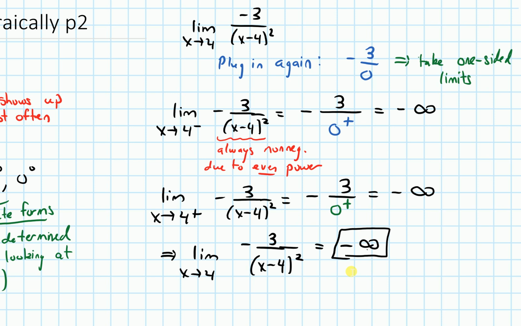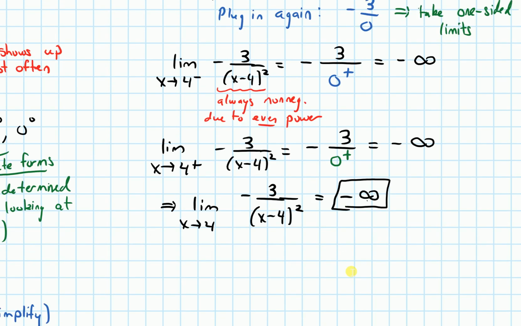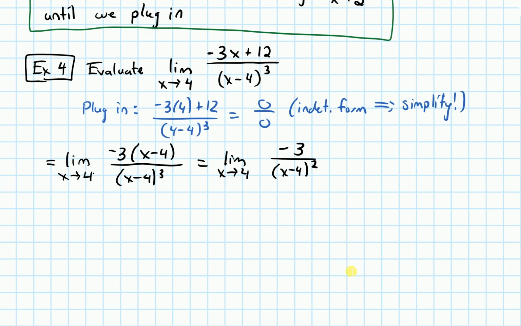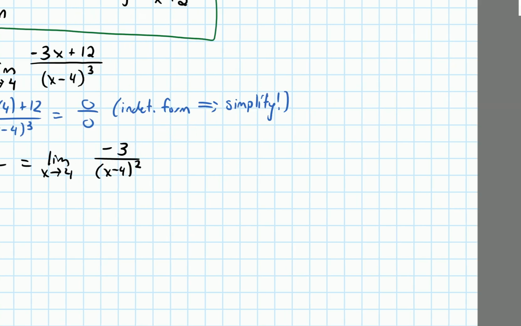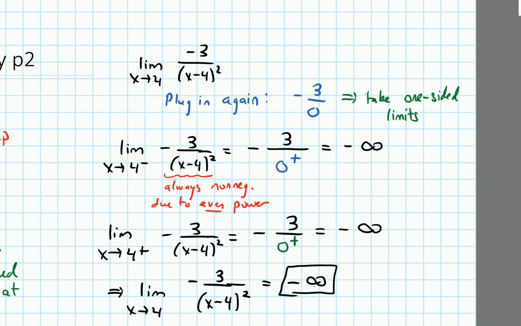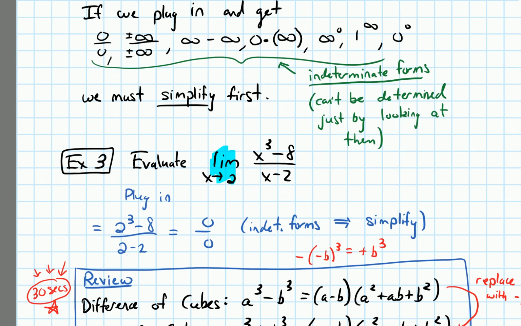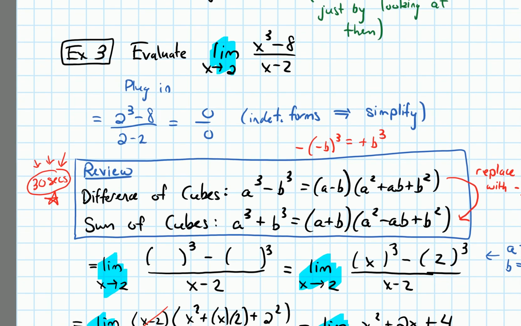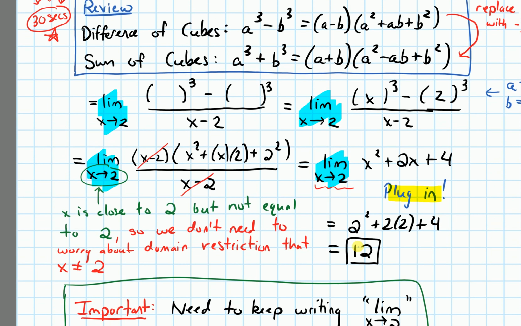Okay, so the key thing that I want to notice about this is, in this second example, we had a 0 over 0 limit that ended up being some type of infinity. It was negative infinity. So that can happen. An indeterminate form can be negative infinity. And in the first example that we did, we had 0 over 0, an indeterminate form, and that indeterminate form ended up being a finite number.